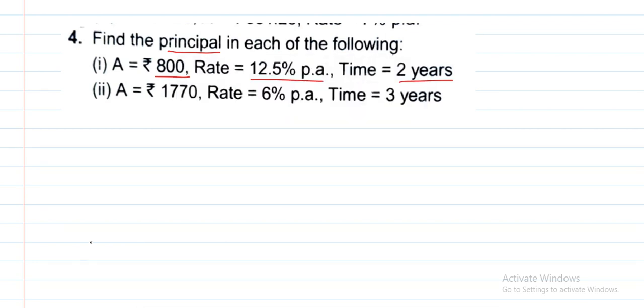In this question we will solve bit 1. So here we will put the formula of principal. Principal is equal to SI into 100 by time into rate.